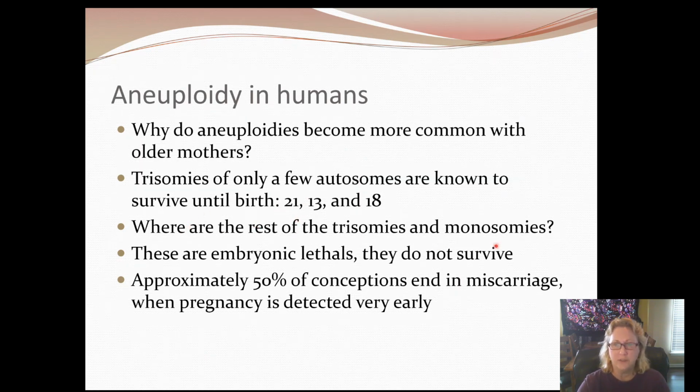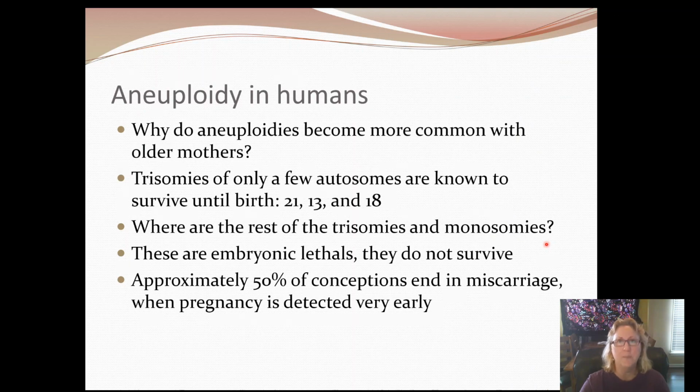So where are the rest of them? There's nothing specific about these 3 chromosomes that makes them more likely to go through non-disjunction. We think all of the chromosomes are equally likely to have non-disjunction occur. So why do we not see the rest? Where are all the rest of the trisomies and all of the autosomal monosomies?